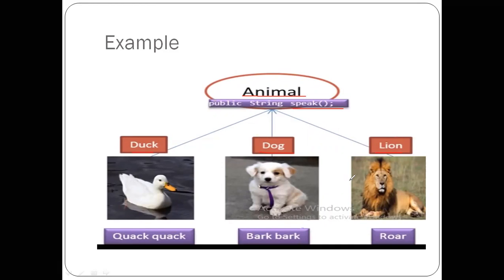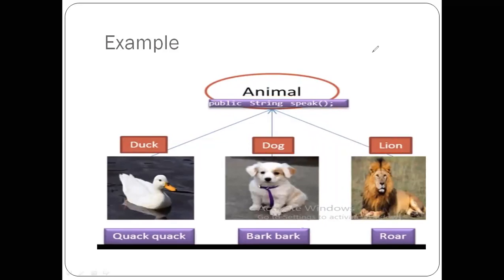The outcome we expect from these objects is speak, how these animals speak. That is the method we have written under an animal class, right?